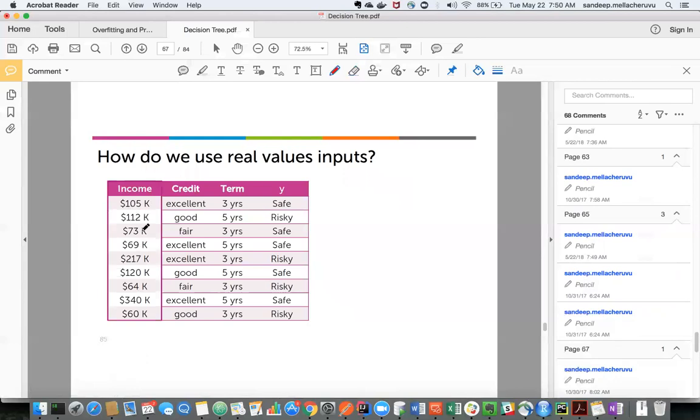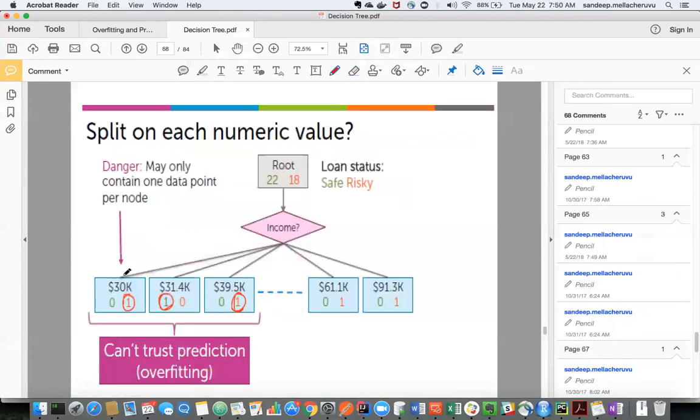One way to split is for each of these values, I can give a split. For example, 105K, I get one split. 30K, I'm getting another split. 31.4K, one more split.